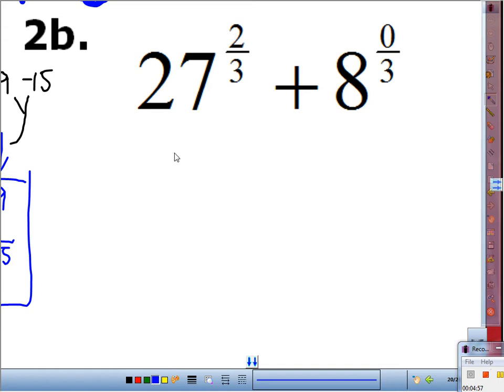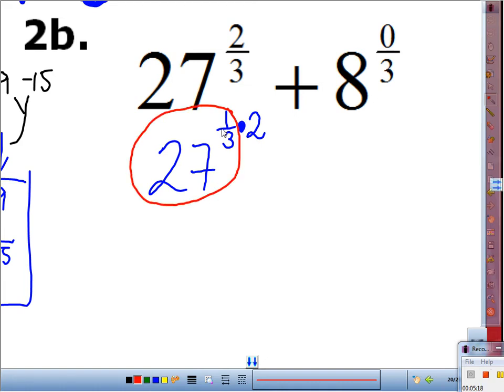So I'm going to rewrite this: 27 to the power of 2 over 3 becomes 27 to the 1/3 times 2. Do you agree with that so far? Now, why does this have to be with a numerator of 1? Because we know how to rewrite this as a radical. This becomes the cube root of 27.